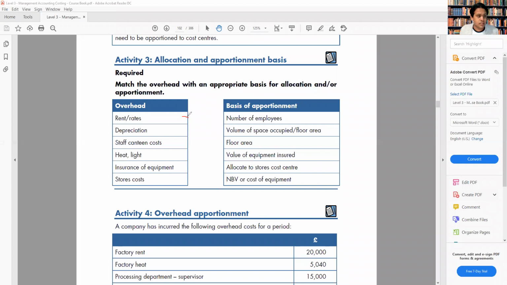All right, so let's move on. So let's move on to the rent and rates.